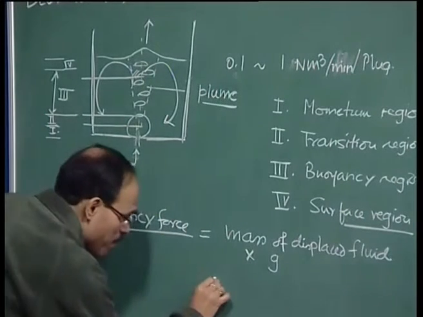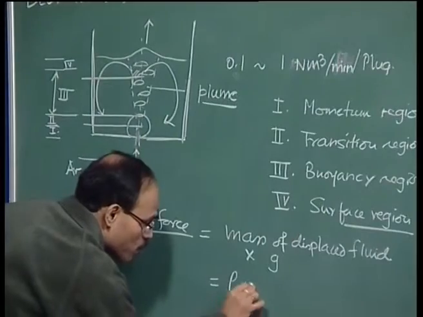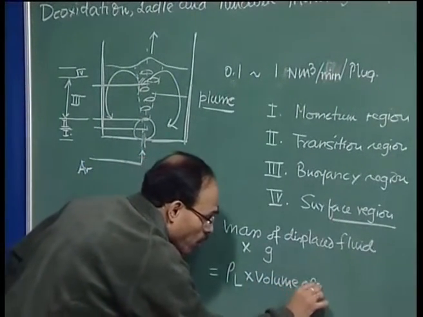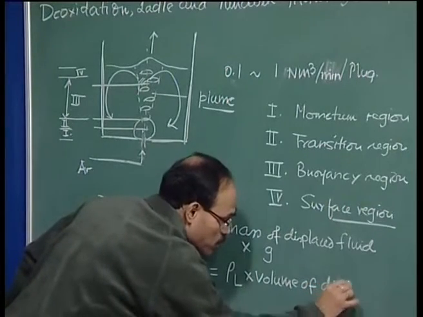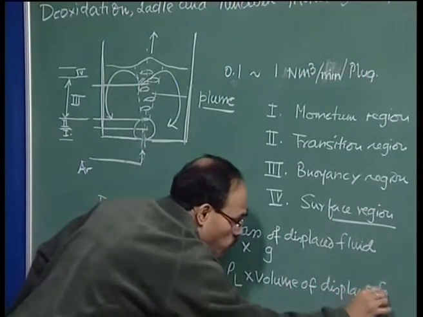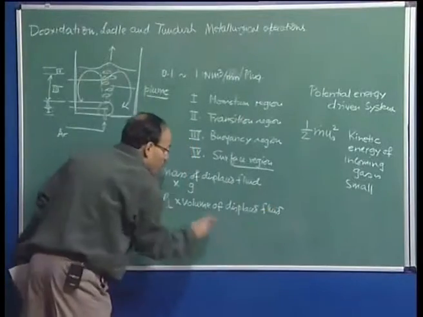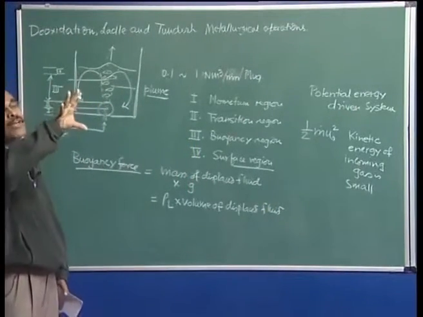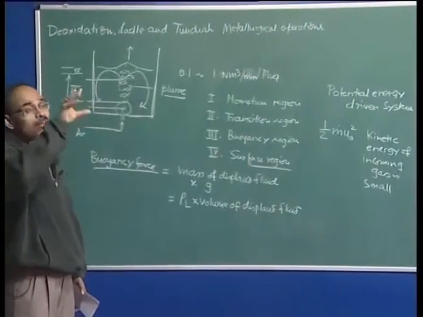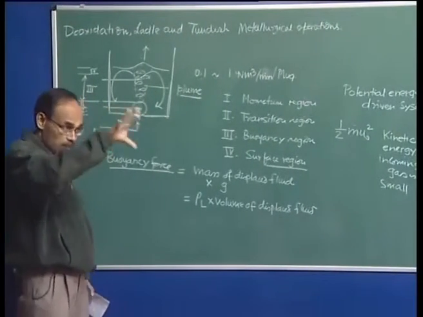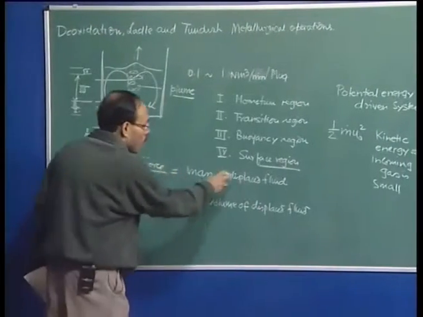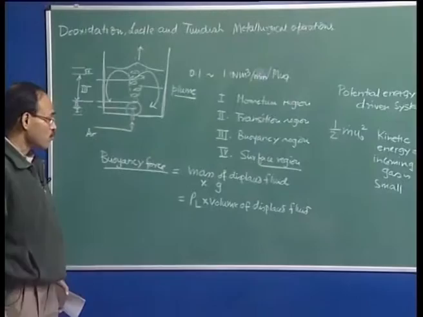So, which I can say is equal to rho liquid into volume of displaced fluid. What displaces the fluid? I have a bubble. If in a small little volume element you imagine the presence of a bubble, the bubble will displace some fluid, and the buoyancy due to the presence of the bubble is equivalent to the mass of the displaced fluid multiplied by acceleration due to gravity.